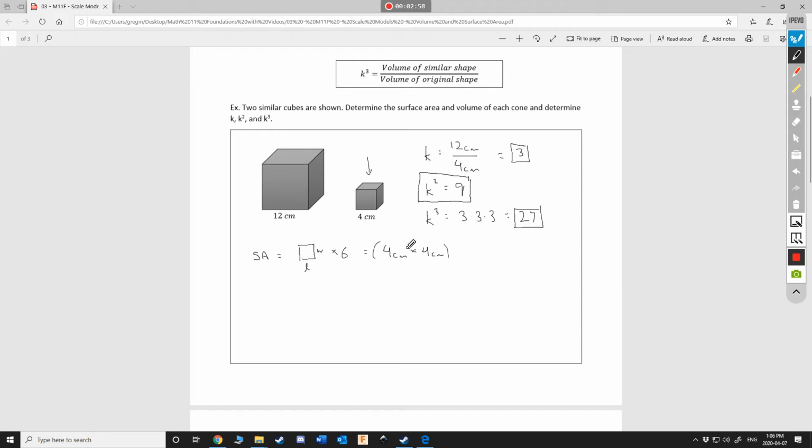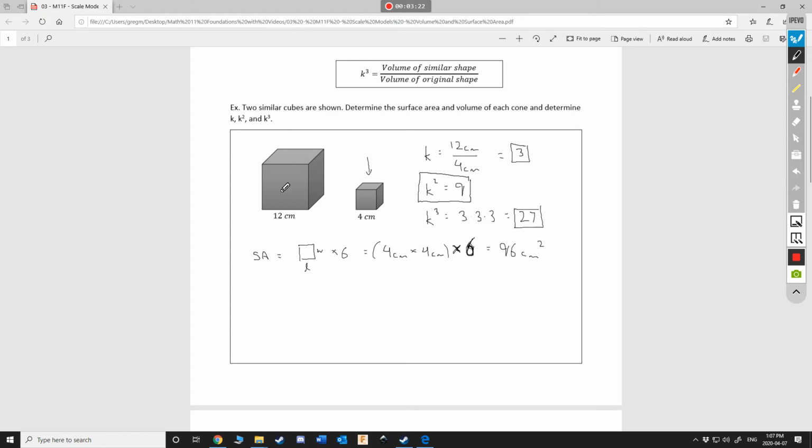So 4 times 4 is going to be 16. And then I have 6 of those, so I'm going to multiply that by 6. We get a total of 96 centimeters squared. And by writing our units in centimeters squared, it's telling us it is area.